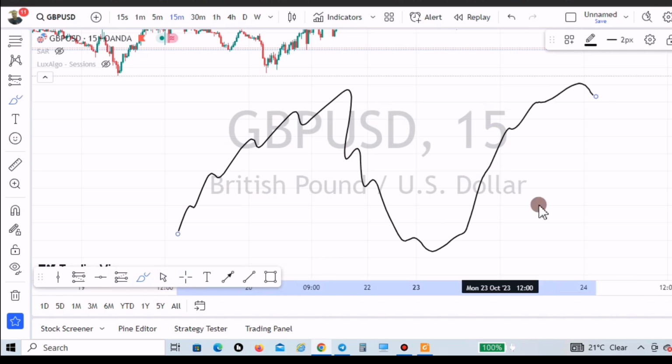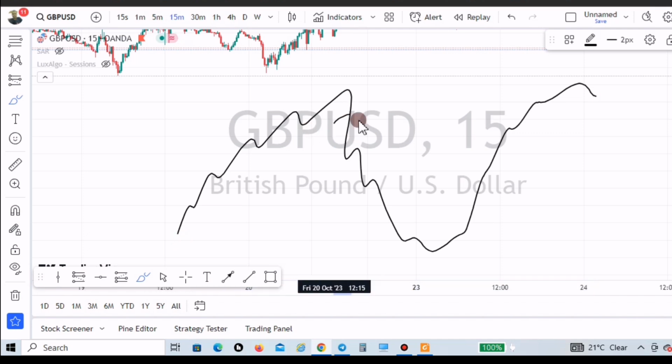This is what I mean, because right here you know that this was an uptrend, and then there was a breakout somewhere there, and then it was a downtrend, and then there was a breakout somewhere there, and then it was an uptrend. That's the first and most important thing that you need to do.